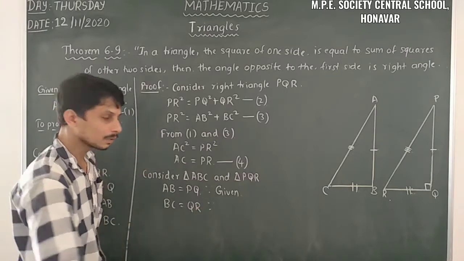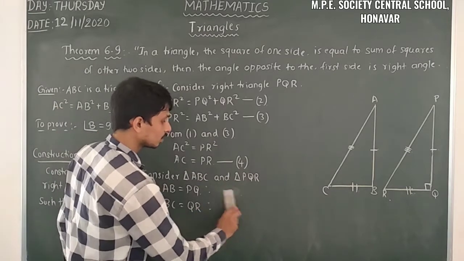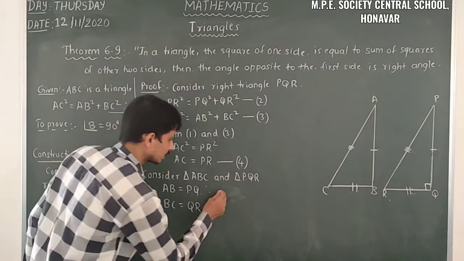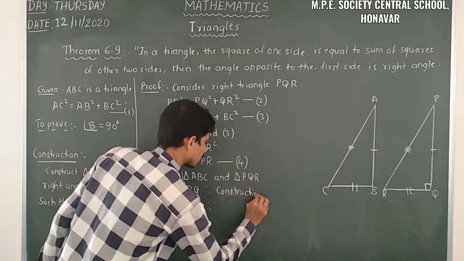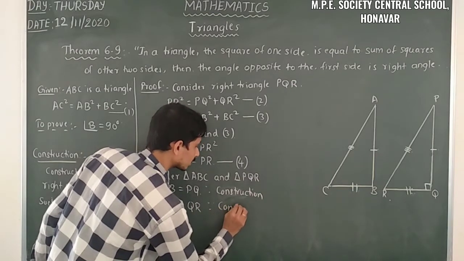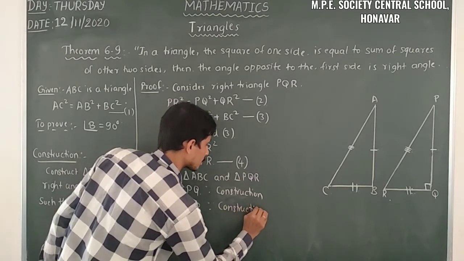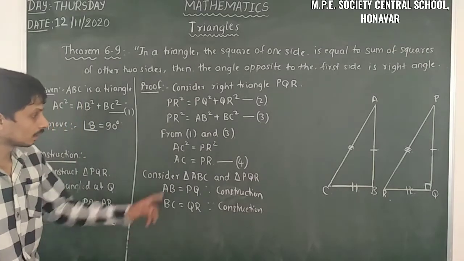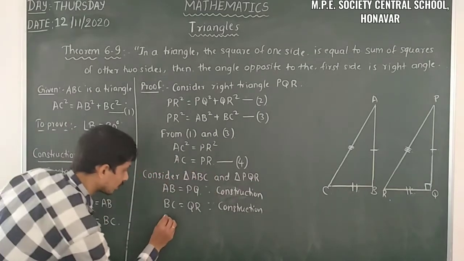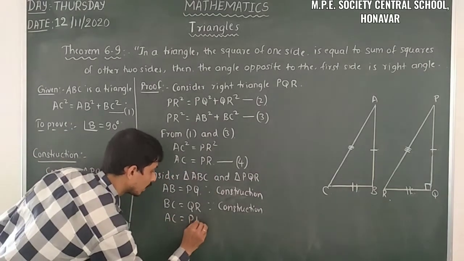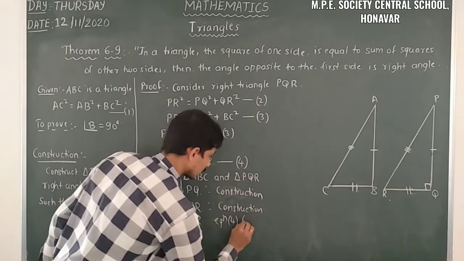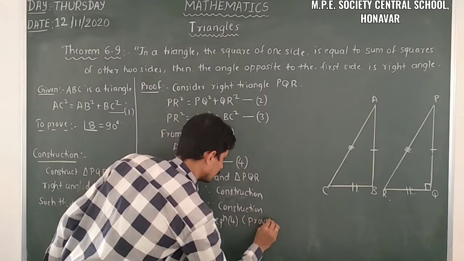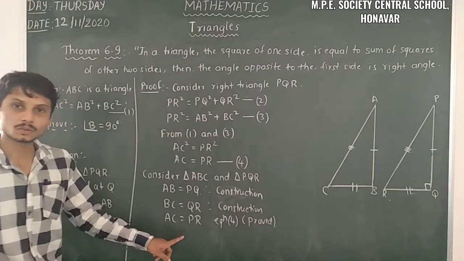This is not a given thing, it is a construction. Then again we have AC is equal to PR, equation number 4, which is a proved thing.